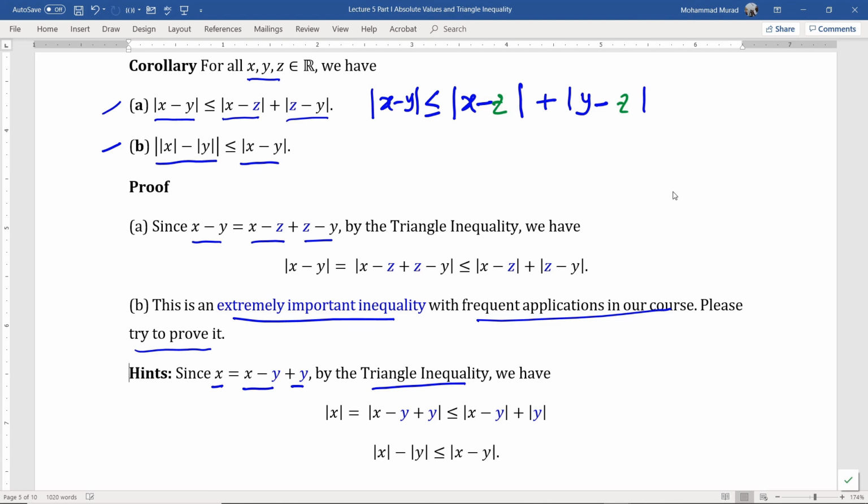Then by the triangle inequality, we have the absolute value of x equals the absolute value of x minus y plus y, which is smaller or equal to the absolute value of x minus y plus the absolute value of y. Then we can transpose this term to the left-hand side to obtain this inequality. Now you can try to complete the proof.